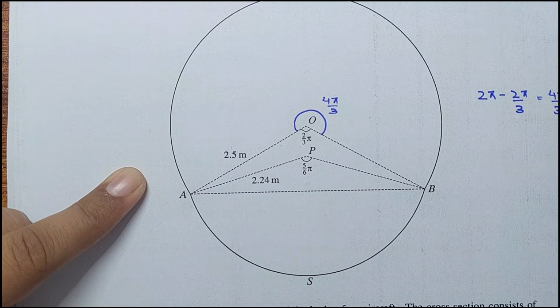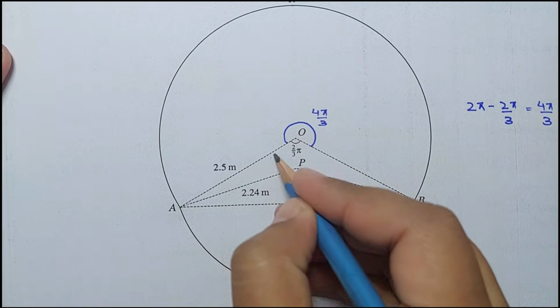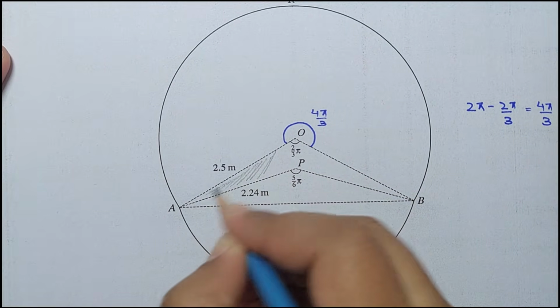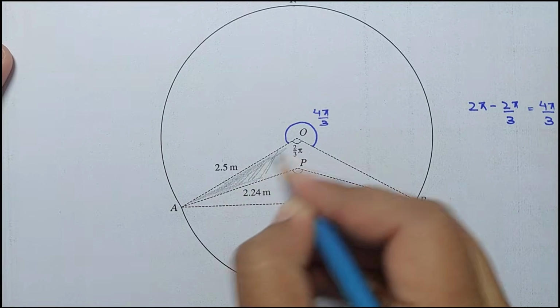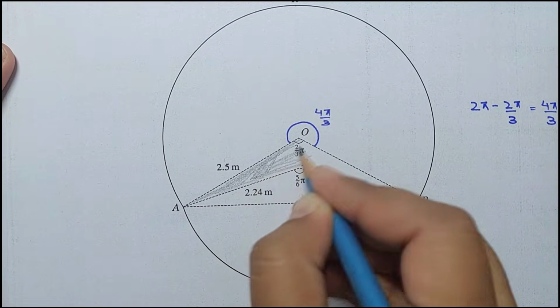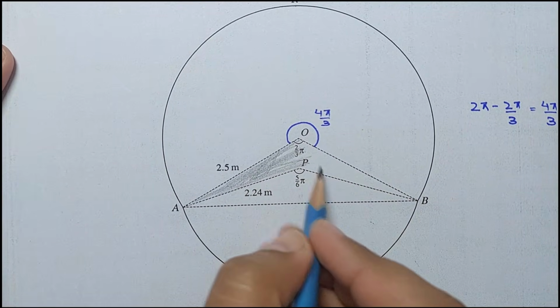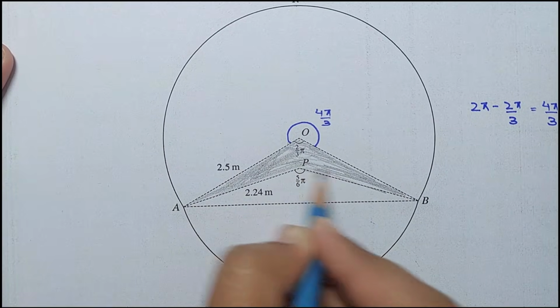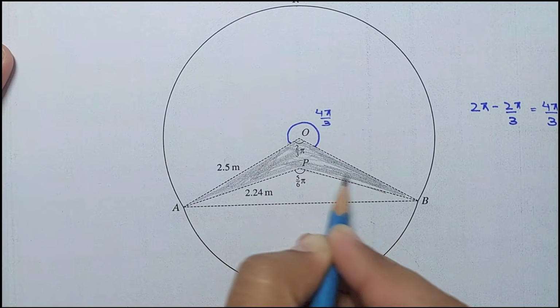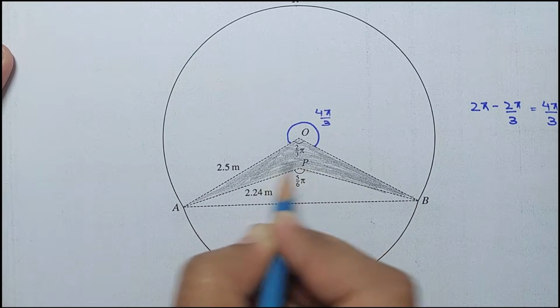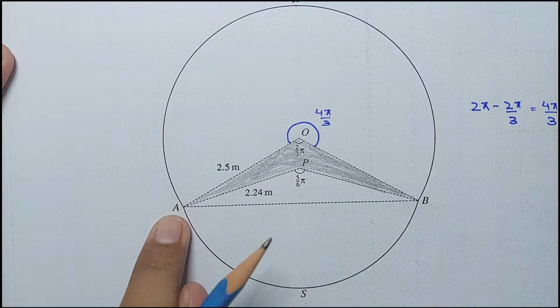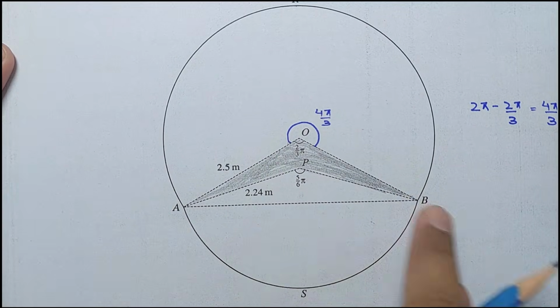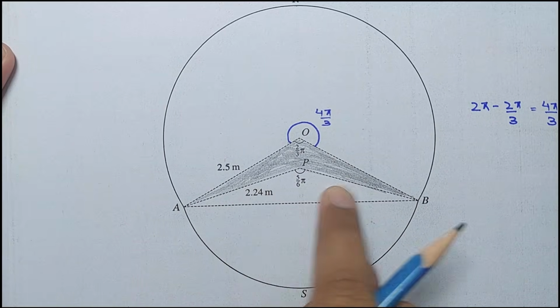If I can shade it, this one, we got the area of this region, because when we take the area of the bigger triangle AOB and subtract this smaller one, you will get the area of this region only.